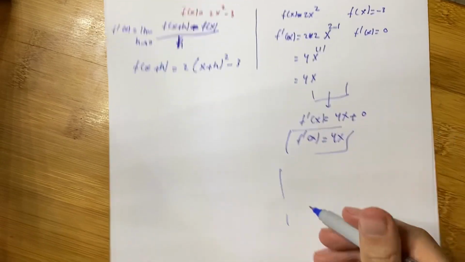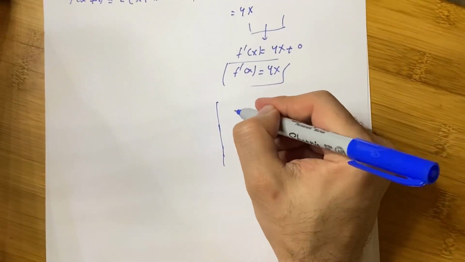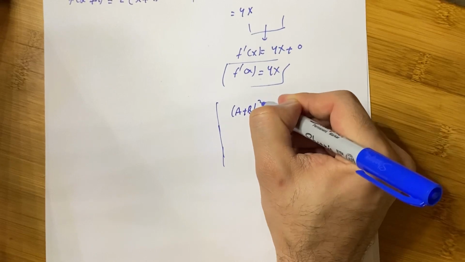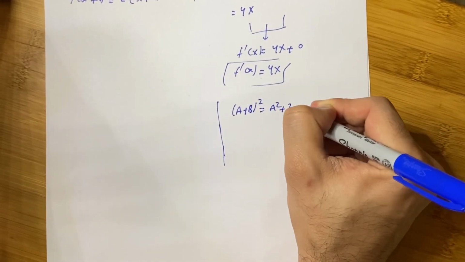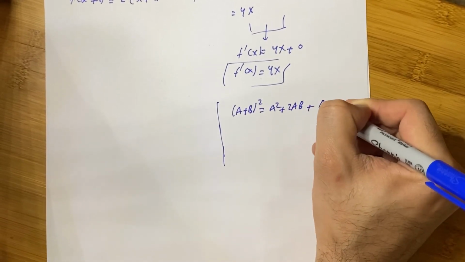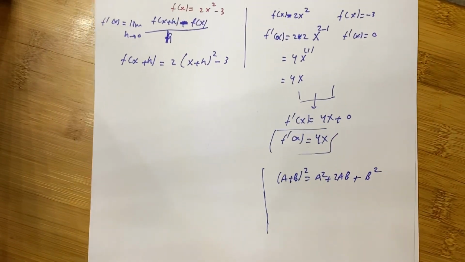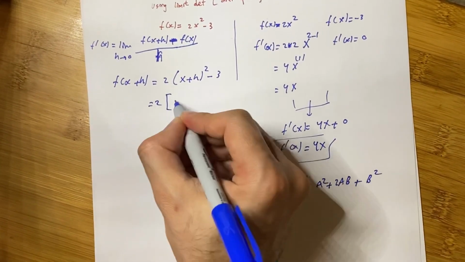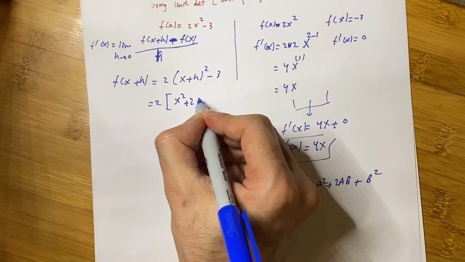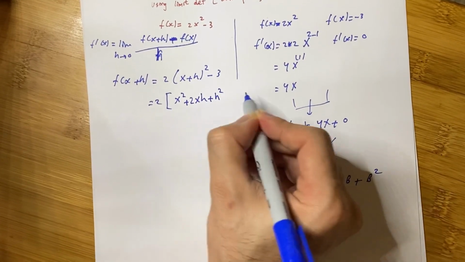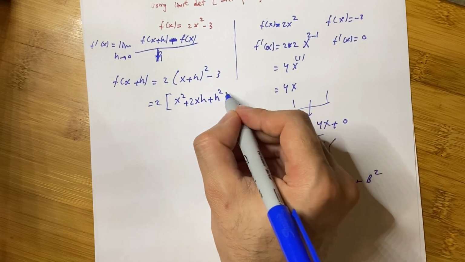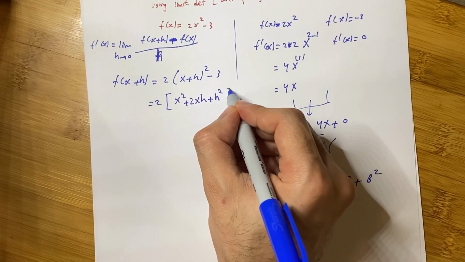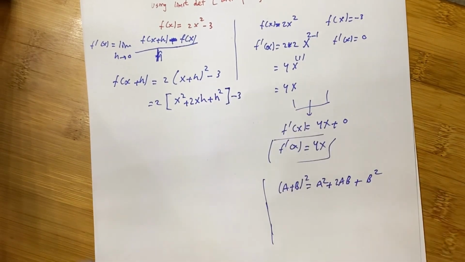This we can take from a plus b squared, which is a squared plus 2ab plus b squared. Let's go back here. So that will be 2 times x squared plus 2xh plus h squared minus 3.